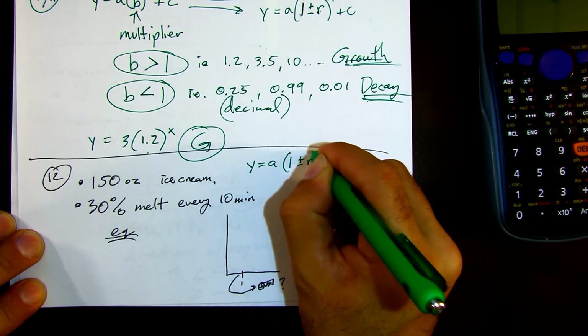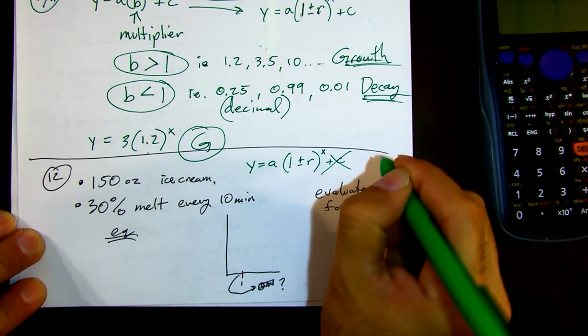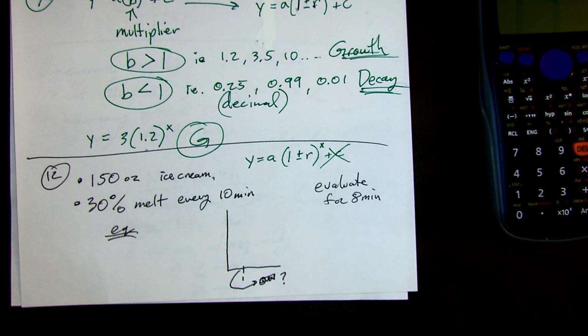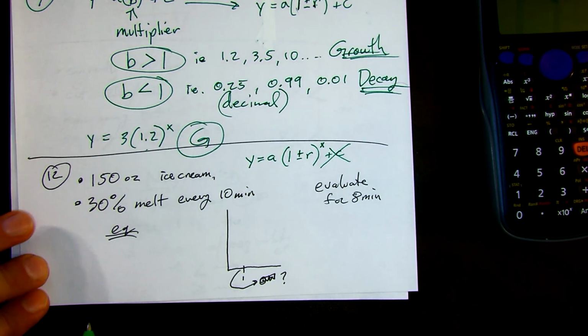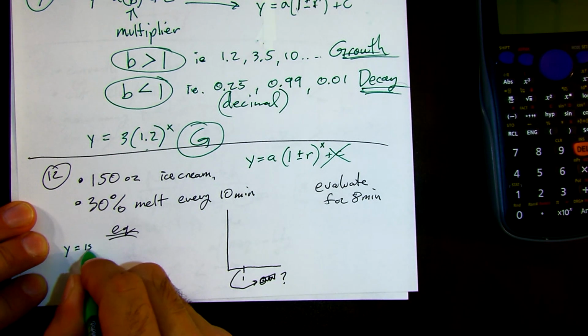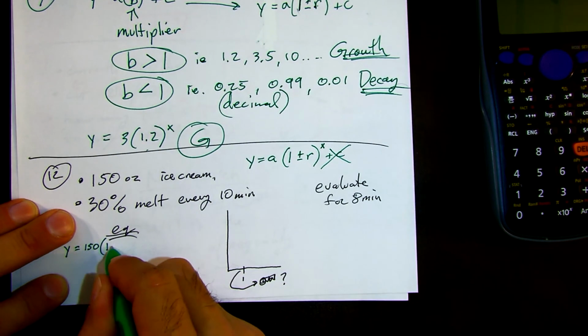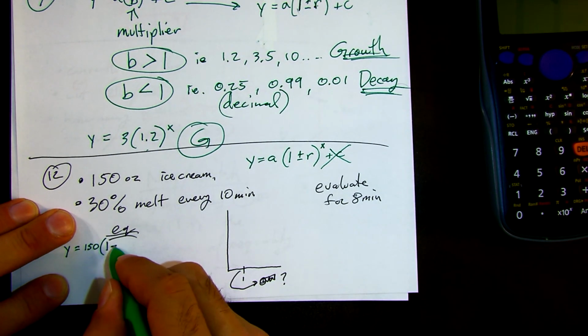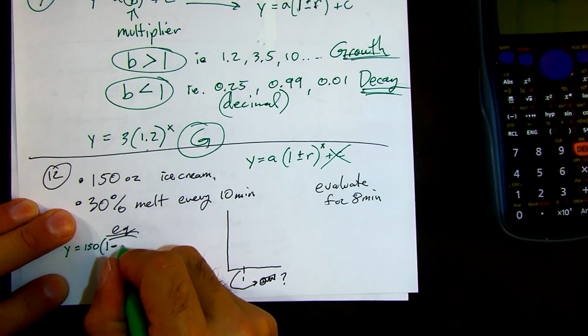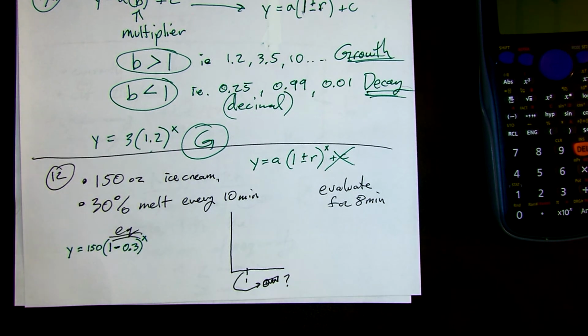Okay, well, what do we know? Our equation we're going to start with is the same one as last time. We're going to have y is equal to a times parentheses 1 plus or minus our rate to the x plus c. C isn't going to be involved, I'll tell you right now. For word problems, C is not going to be involved. So at least start your equation. You know your initial amount.